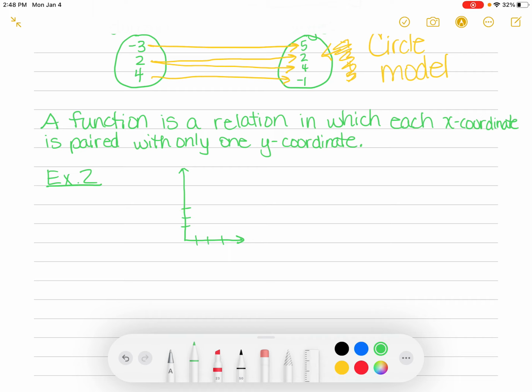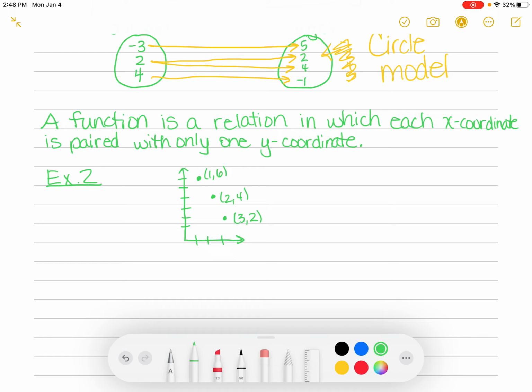And actually, I'm going to make it a little bit different than the one in the book. I usually use the examples from the book, but this one's a little bit harder to do that with. Okay, so let's say this 1, 2, 3, 4, 5, 6. So this one would be 1, 6. This one is 2, 4. And this one is 3, 2. Okay, so there's your 3 ordered pairs.